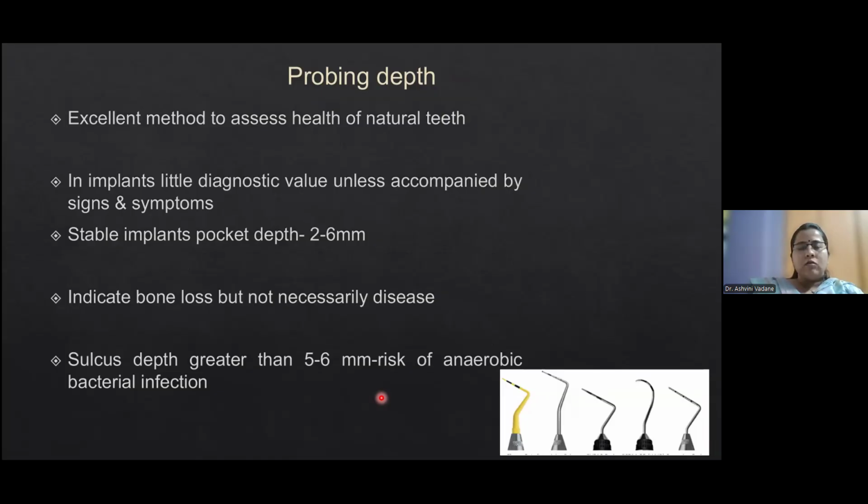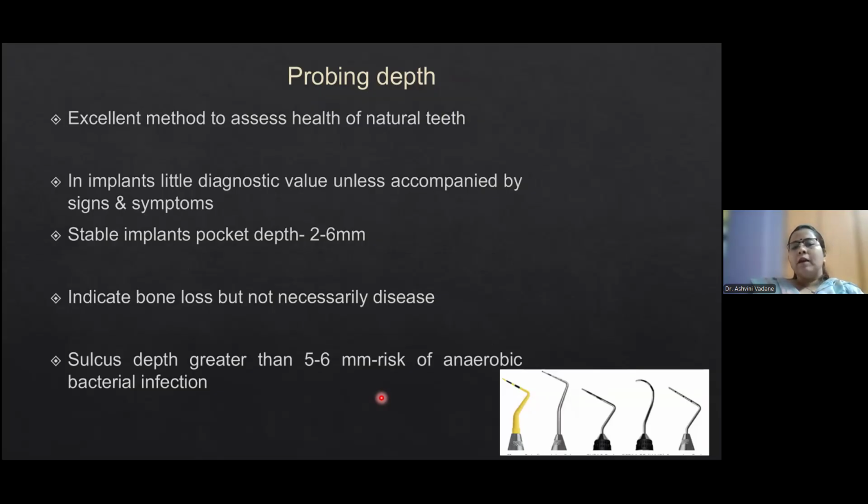You can also assess by the probing depth, and it is an excellent method to assess the health of the natural teeth. In implants, it has little diagnostic value unless accompanied by signs and symptoms.